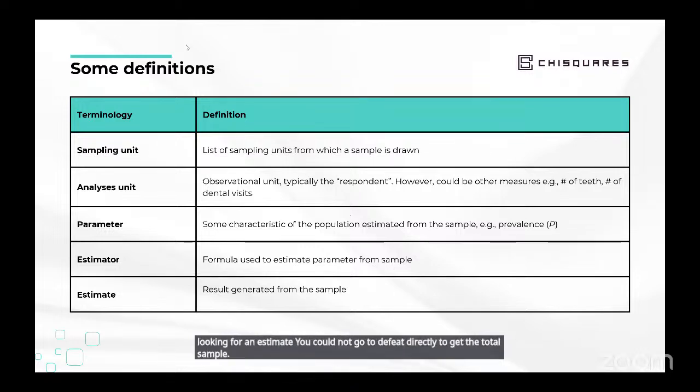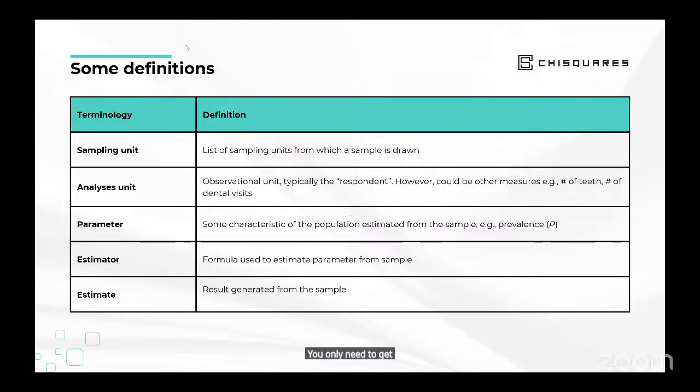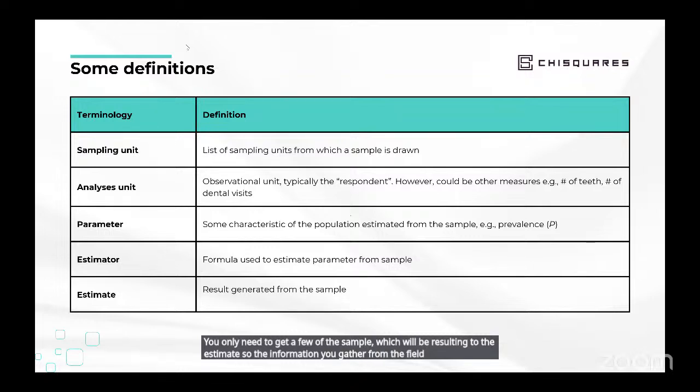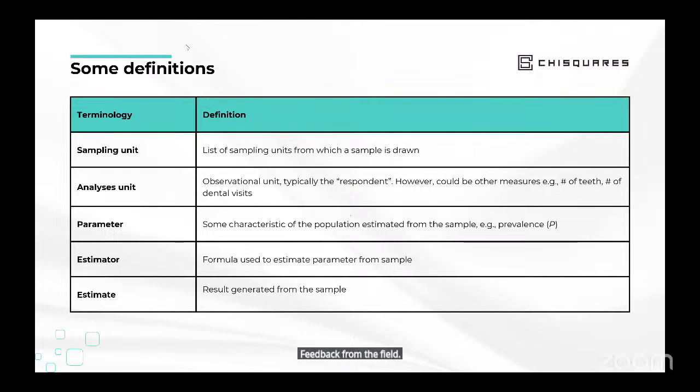You only need to get a few of the sample, which could result in the estimate. So the information you gather from the field may not be the generalization of what is actually on the ground.